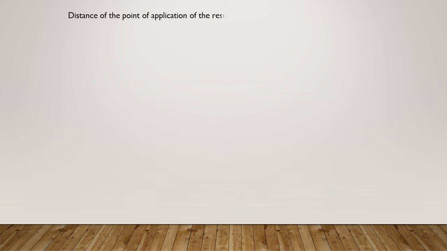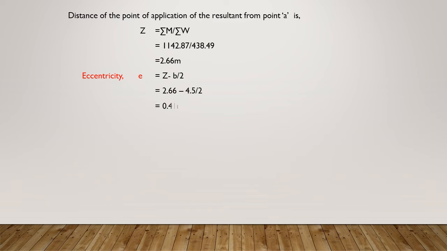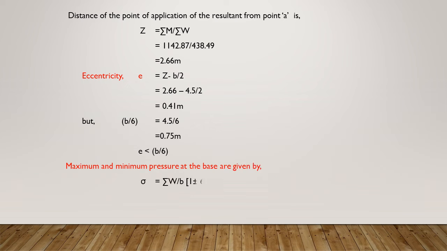Then the distance of the point of application of the resultant from point A is Z, equal to sum of moment by sum of load. We know the sum of moment and also the sum of load. So sum of moment is equal to 1142.87 and sum of load is equal to 438.49. So Z is equal to 2.66 meter. The eccentricity formula is e equal to Z minus b by 2.